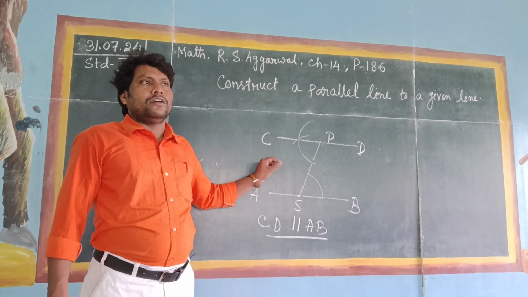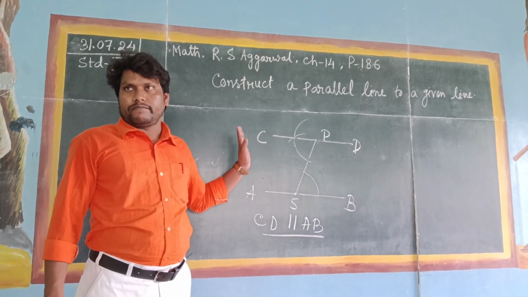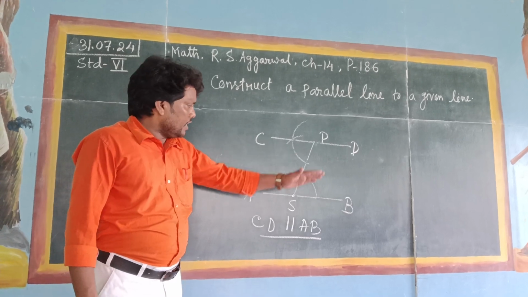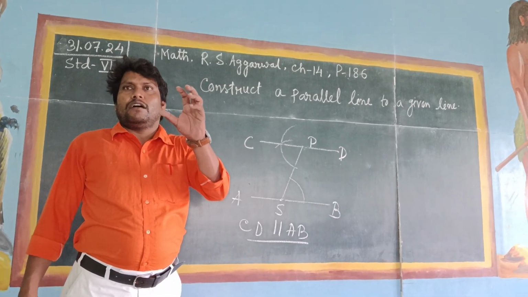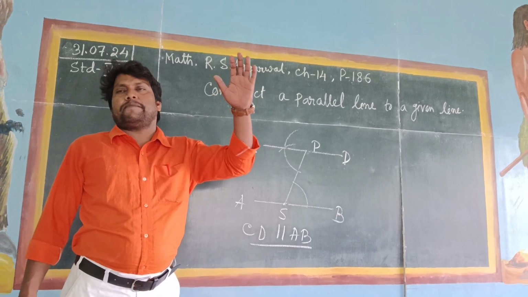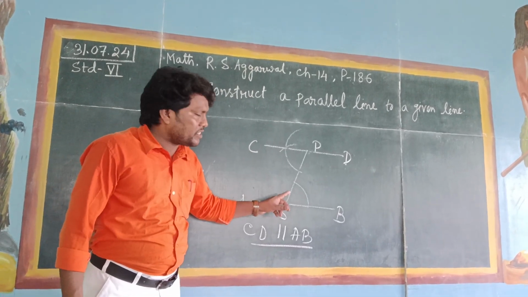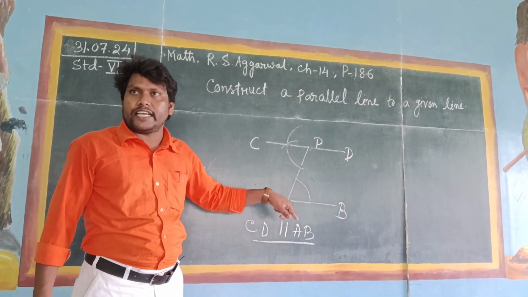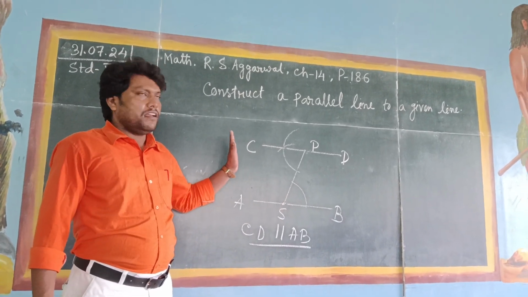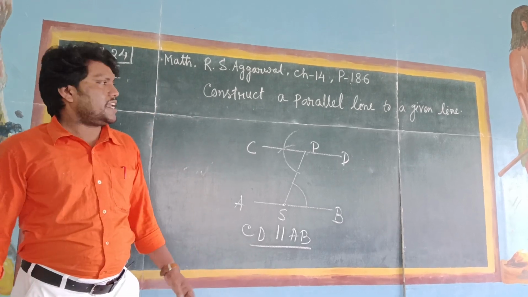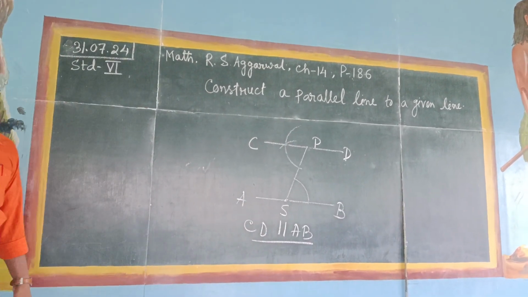The method writing is not mandatory. So you will remember it step by step, because it is called practical geometry. Remember from which portion I cut, where I intersected, and where I gave the angle. So this is the process to construct a parallel line to a given line.